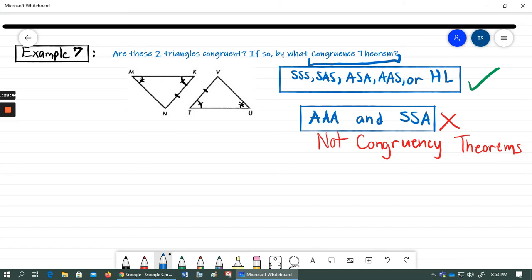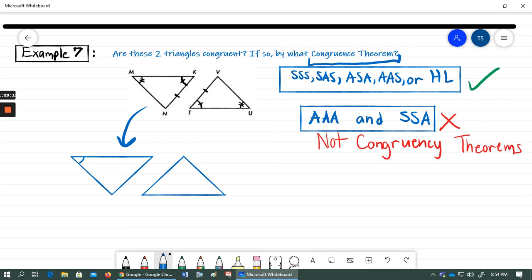Alright, so guys, example 7 here. Are these two triangles congruent to each other? And if so, by what congruence theorem? Guys, again, let's get together what we've got for these two.